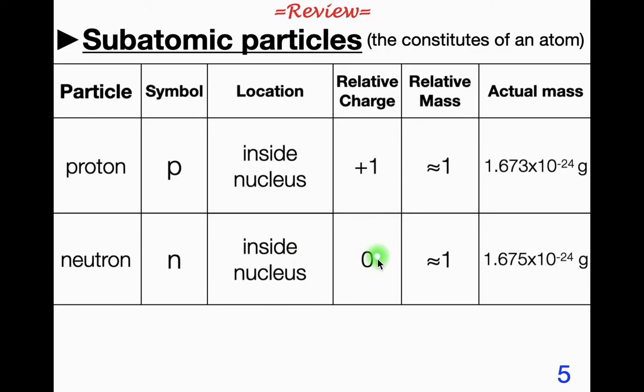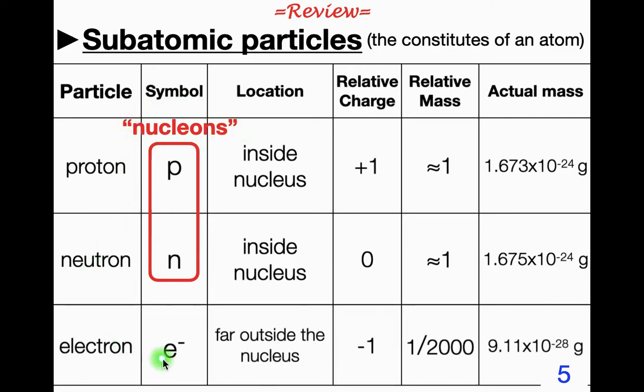Relative charge of 0, and that's where the name comes from. Neutron, that's neutral, has no charge. And the relative mass is almost 1 as well, but it's ever so slightly more massive than a proton. It's 1.675 times 10 to the negative 24. Collectively, the proton and neutron are referred to as nucleons, so it's a term you'll hear a lot.